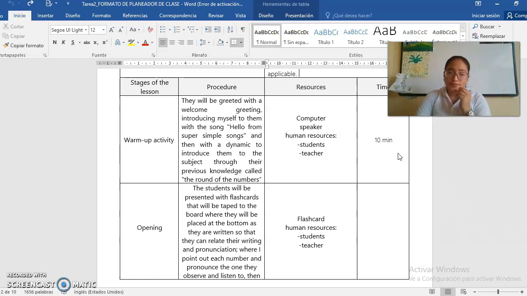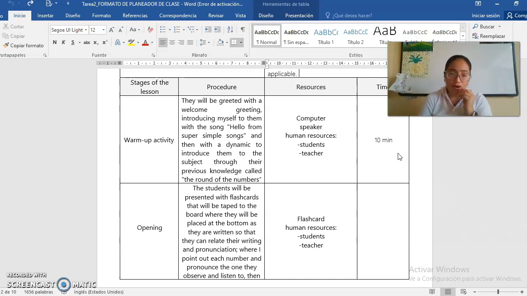Opening: the students will be presented with flashcards that will be taped to the board, where they will be placed at the bottom as they are written so that they can relate the written form and pronunciation.